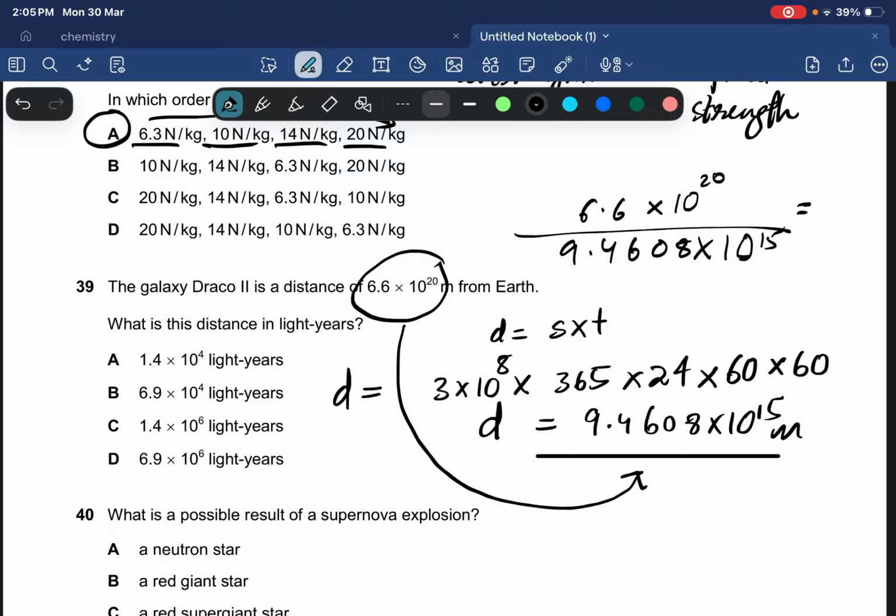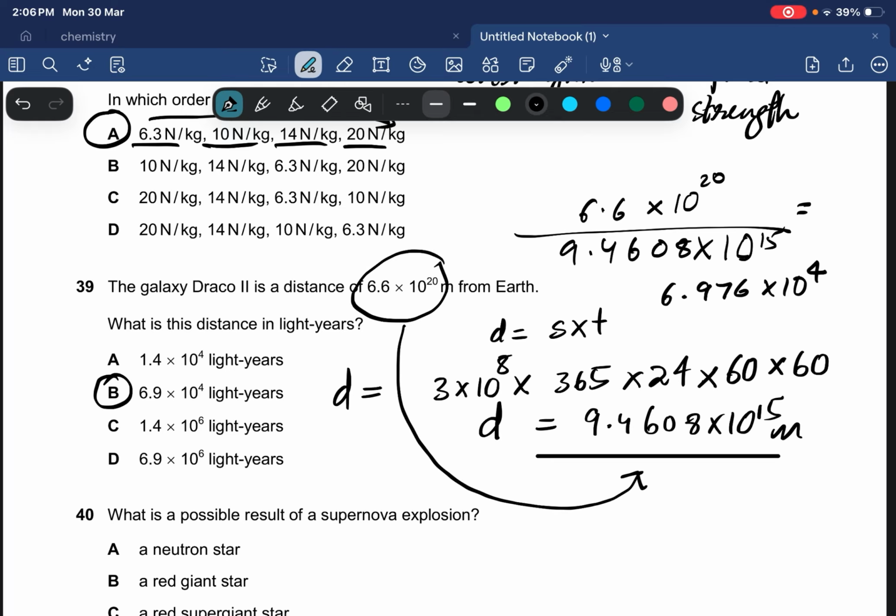Let's see, what do we get? 6.6 times 10 raised to power 20 divided by 1 light year. It is giving me 6.976 times 10 raised to power 4. So that makes it option number B.